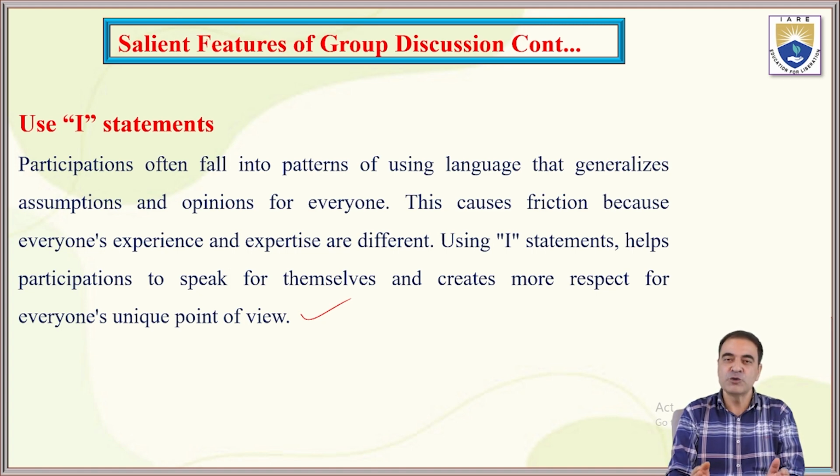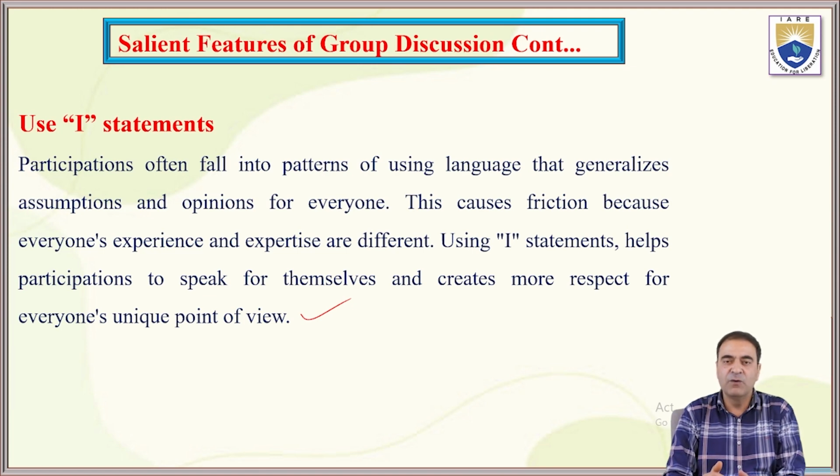Why should one use the first person pronoun I? For example, one should not generalize, or speak for everyone in a group discussion. If I am one participant in a group discussion, I should speak for myself.